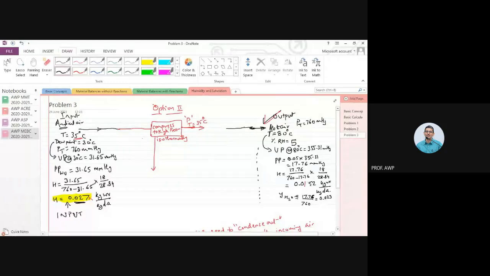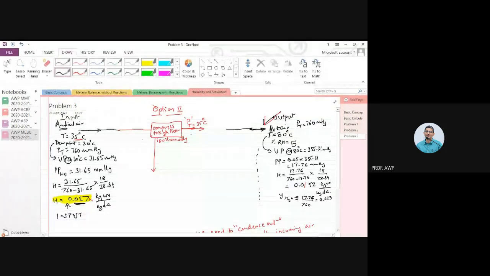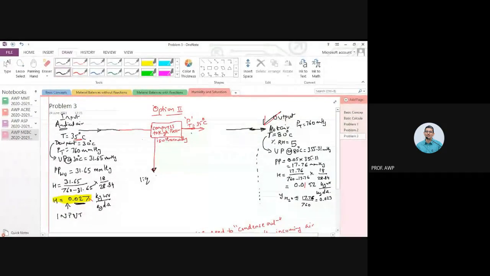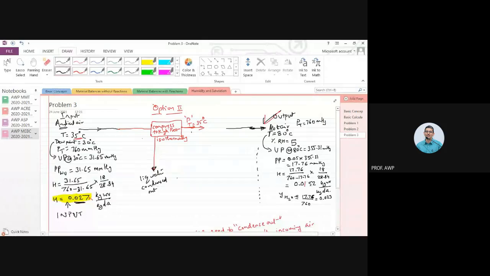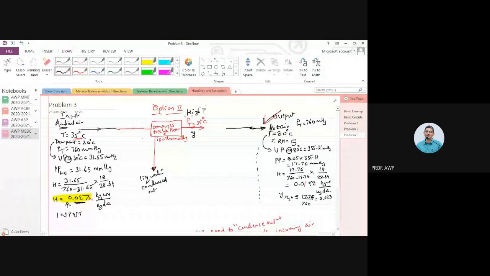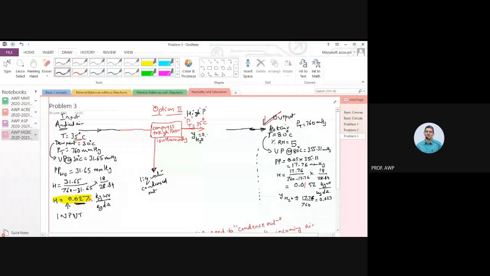0.023. So now this air that is coming out after the compression, because we have condensed out water, or compressed out if you like, this air that is coming out at high pressure, let's call it P, will have mole fraction equal to 0.023.